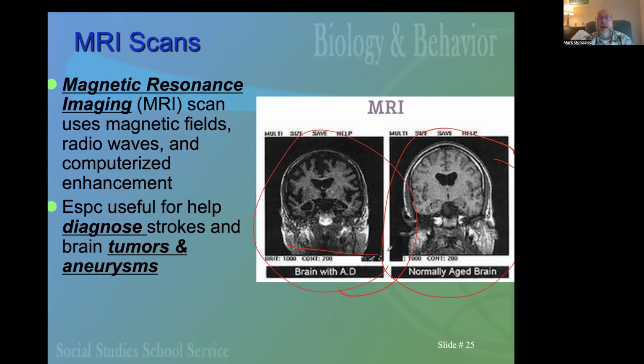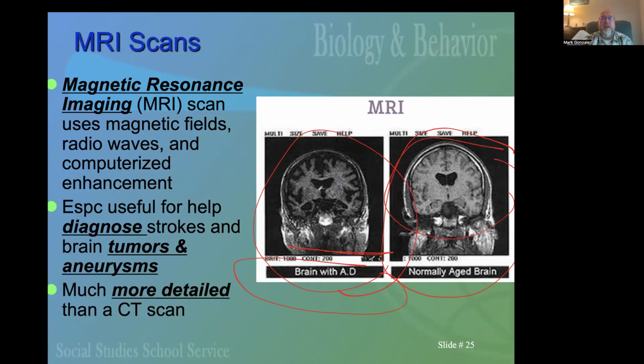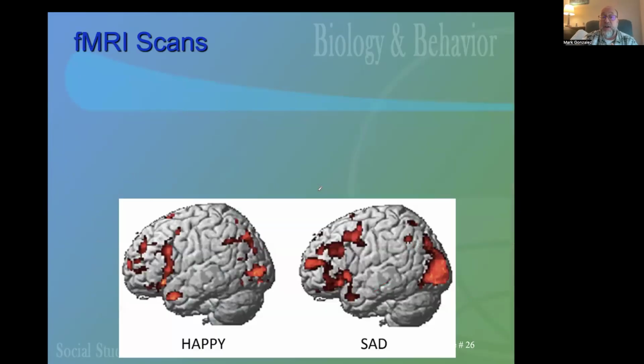This is a brain that has Alzheimer's disease, and this is a normal brain. When one has Alzheimer's disease, the brain does kind of shrink, and there are parts of the brain that just aren't functioning anymore. You can see that there, and it is much more detailed than a CT or CAT scan.